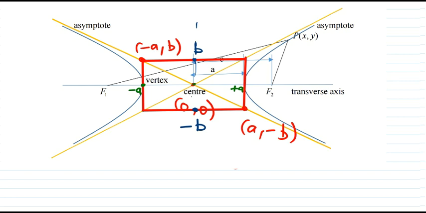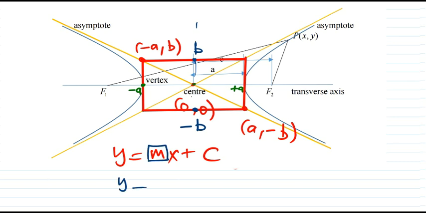So as a smart student, I'm sure you know how to find the equation of a line. It's in the form y equals mx plus c, and you can easily find it. The key thing is we need to find the gradient.